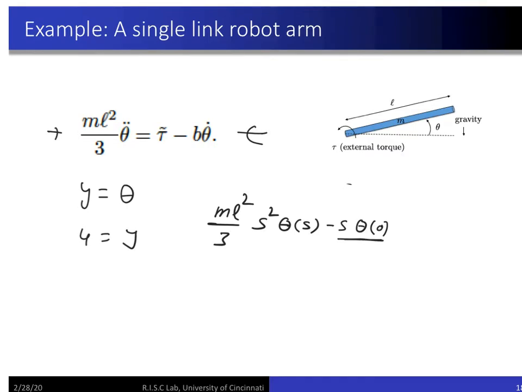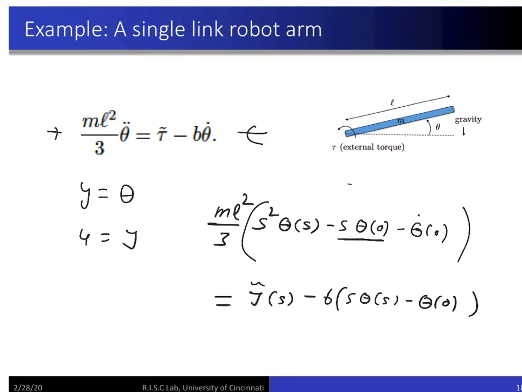Let's say this initial condition is not 0 for now, okay? Let me just check one thing before we go there. So this will be multiplied by theta 0 and theta dot 0, okay, equals tau of s, so Laplace of this, and then Laplace of b theta will be b times s theta s minus theta 0, right?